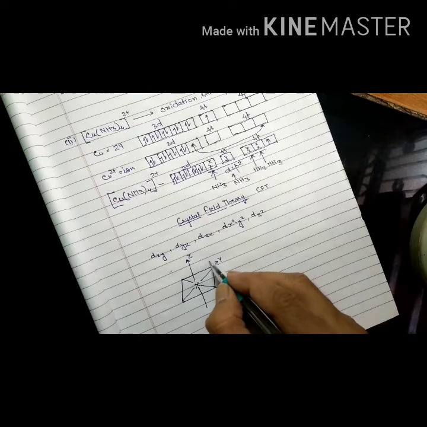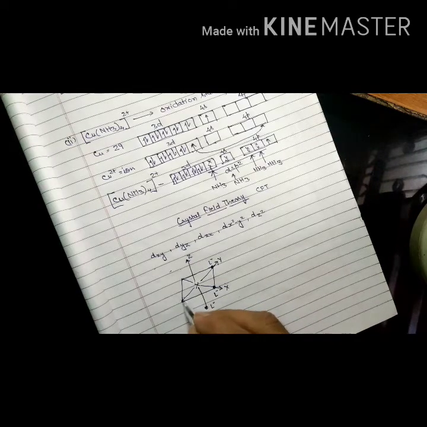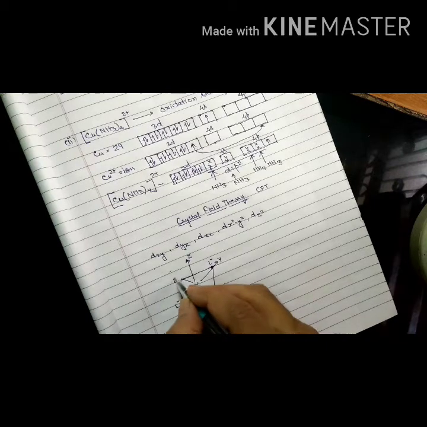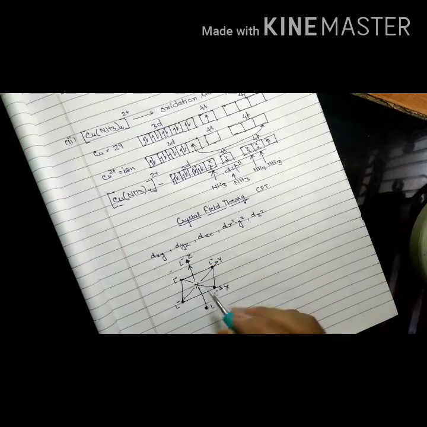So ligands arrange themselves in all these orbitals. L stands for ligands. So this is the arrangement.